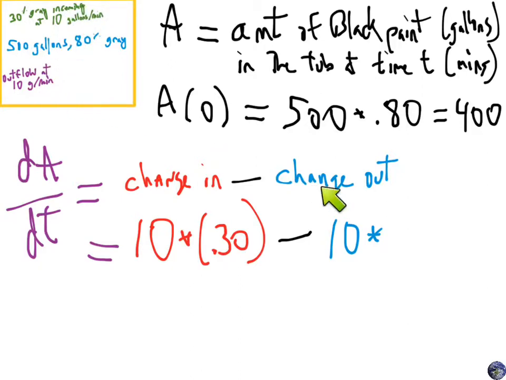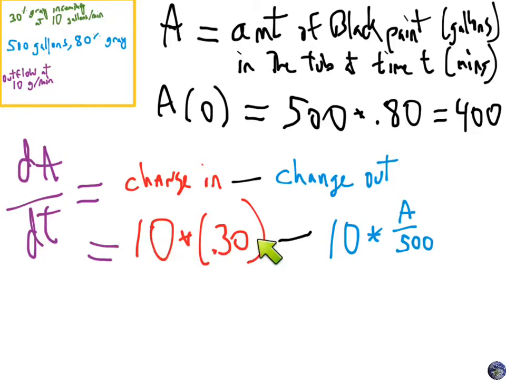So the total amount in the tank is always 500, and the amount of blackness in the tank is what we designated as A. So our concentration is A over 500. That's our percentage, and we're multiplying by 10 because that's the outflow amount. All of this is the change in blackness going out. The 10 times 0.30 was the change going in, and we're subtracting them to get the total change. So that's what dA/dt is.